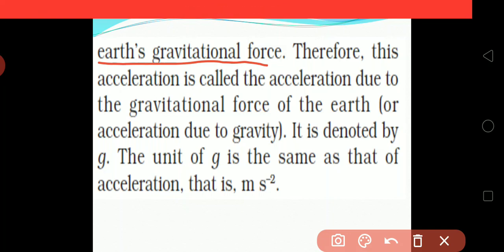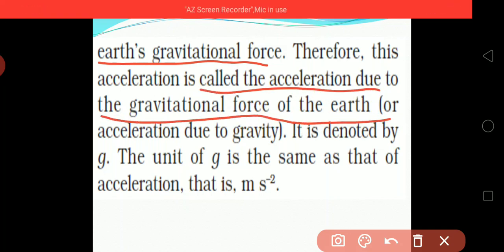The acceleration due to the earth's gravitational force is said to be what? It is said to be acceleration due to gravitation.